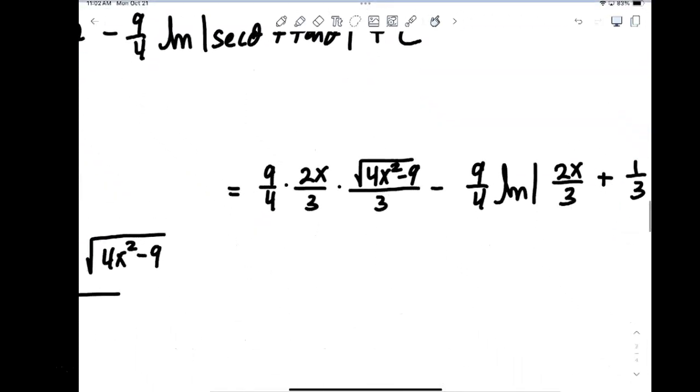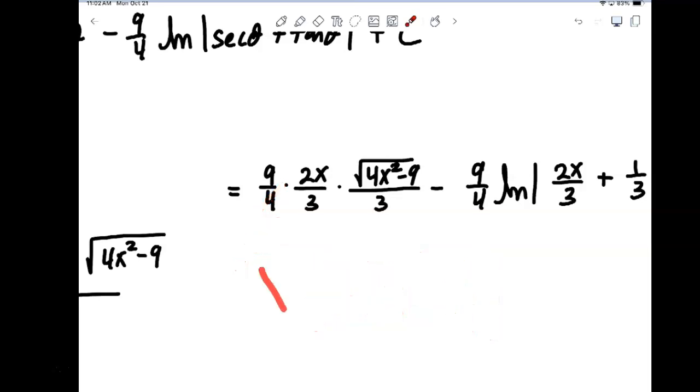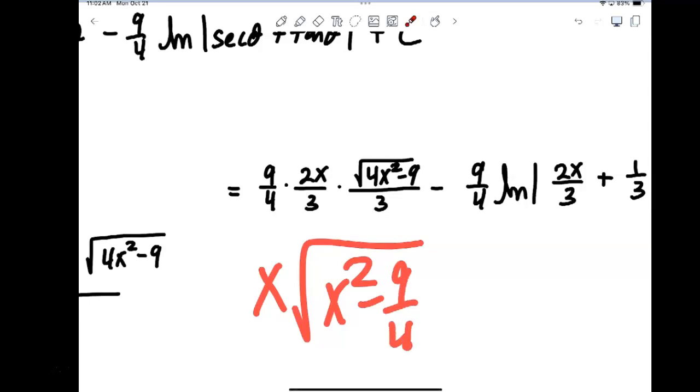Once I've canceled out the 9 and the 3's, I have my x left and a square root. If I took the 4 out of that square root, I'd have the square root of x squared minus 9/4. The square root of 4 would be 2, and that would then cancel with the remaining 2 that was left in the bottom there. So you would just have x times the square root of x squared minus 9/4, just like we had up above.